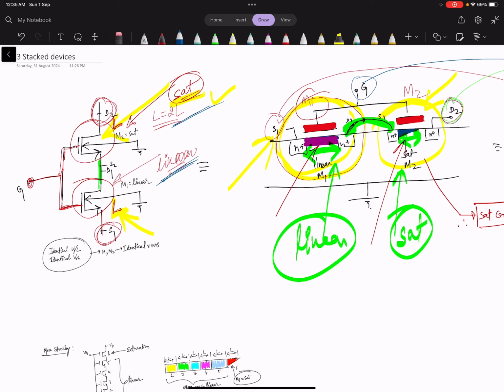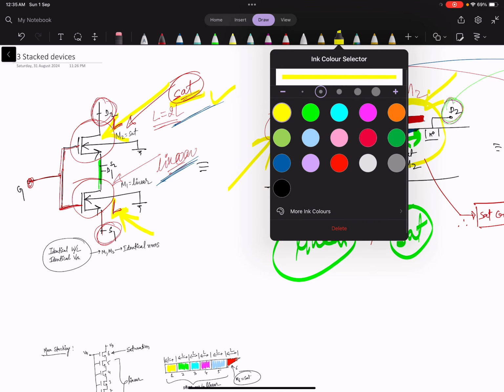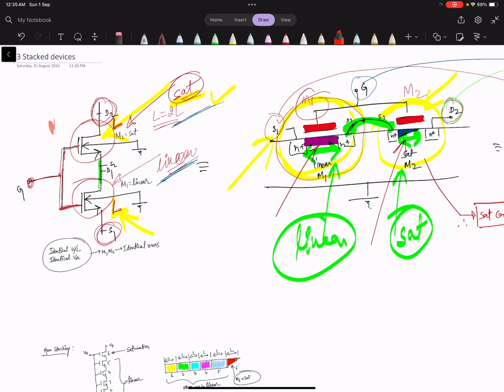So for now, L1 and L2 are the same. Both MOS, M2 and M1, are identical, and this is the way of visualizing in terms of device physics.